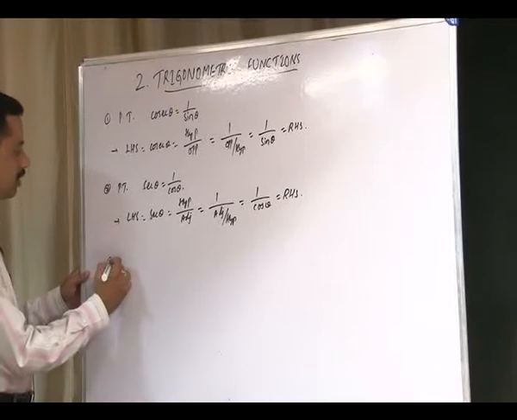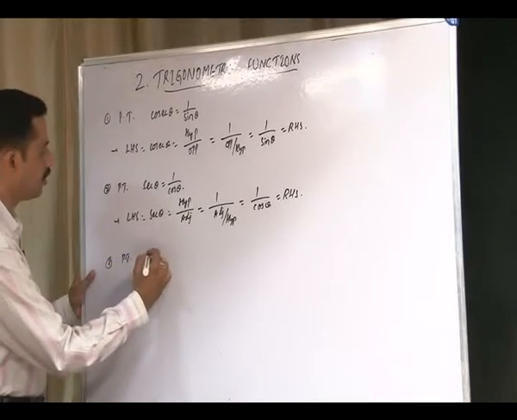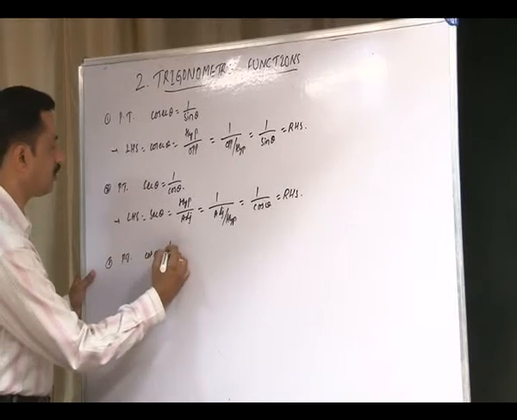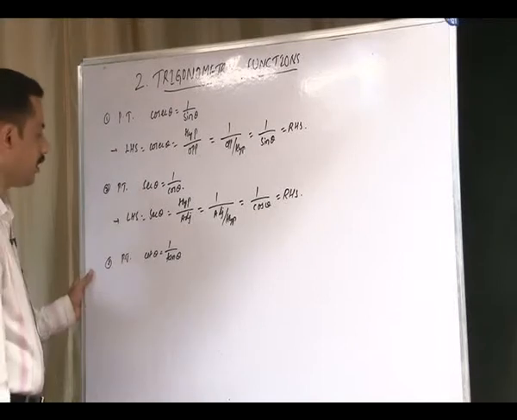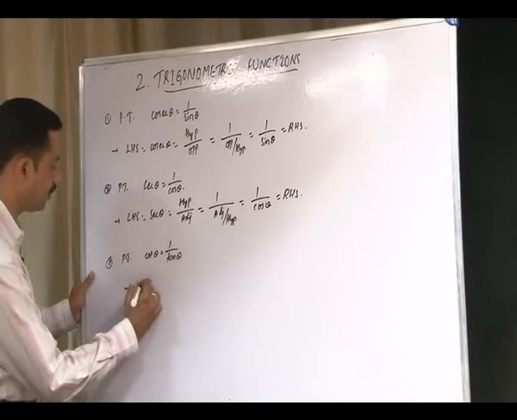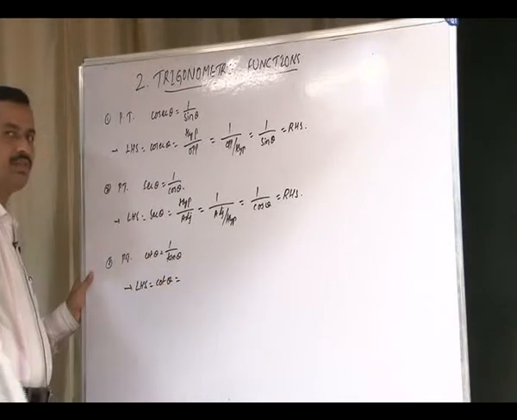And similarly, the third one you can prove here. Prove that cot theta is equal to 1 over tan theta. For that, left hand side is equal to cot theta. You know the definition for cot theta.